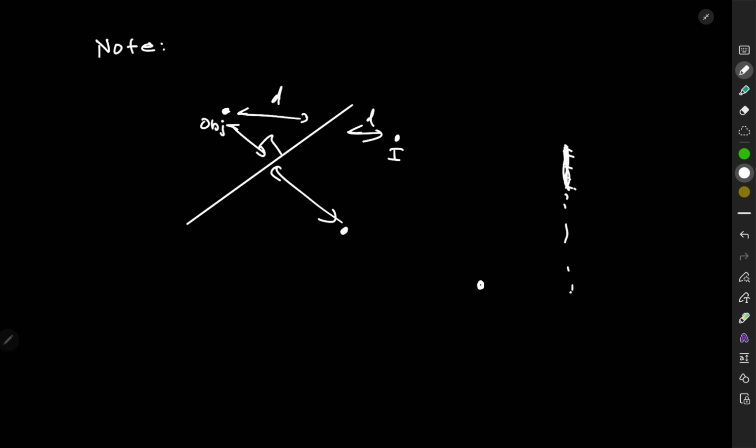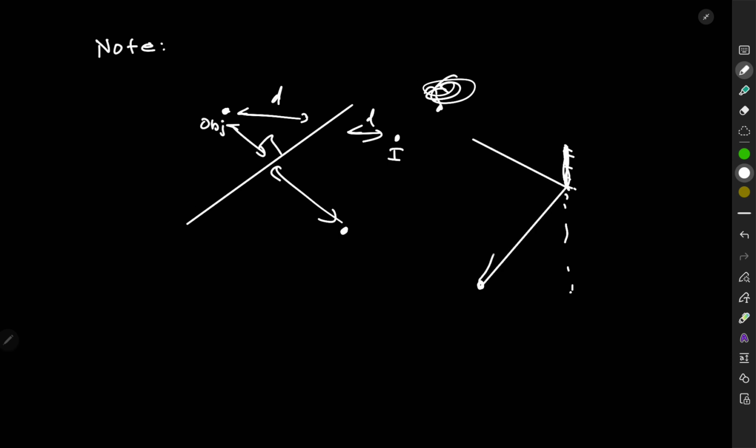Will the image be formed? Yes or no? Of course yes, the image will be formed. It depends on the perspective, from where you are able to see the image. For example, if you are seeing from here, you can't see the image. If you see it from here, maybe you can. Let's see whether you can see it from here or not. So how will the rays be? It will go like this and reflect like this.